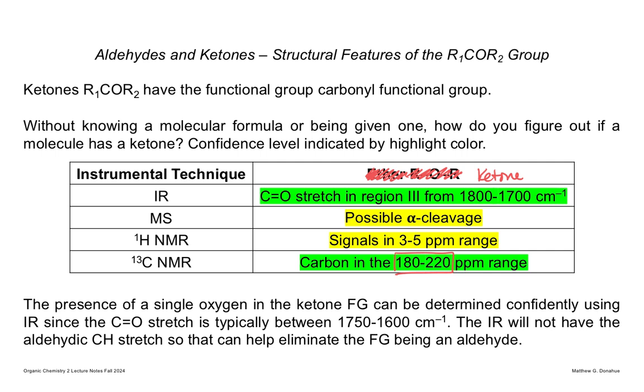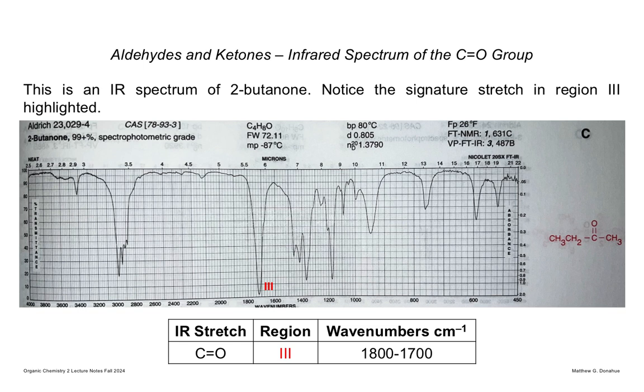And really, if you're trying to eliminate the possibility of an aldehyde from the IR, notice in region 1 that there's no C sp2 H. So you can say, okay, this has to be either an ester or a ketone.